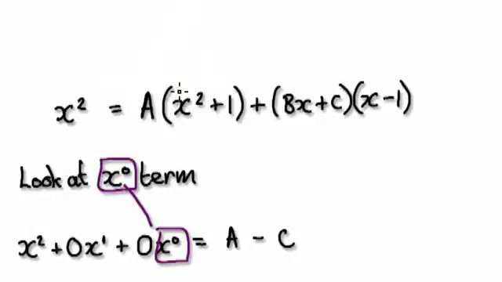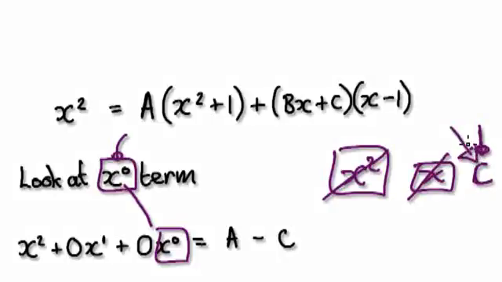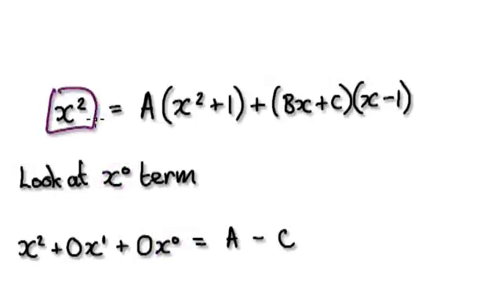On this side, x to the power of 0 is really a constant, a single number, not x squared and not x. We are looking at it in terms of a constant. The constant here is really 0. This times this wouldn't give us a constant.